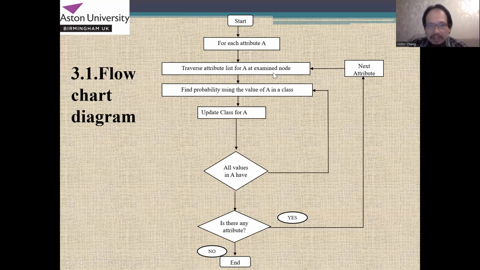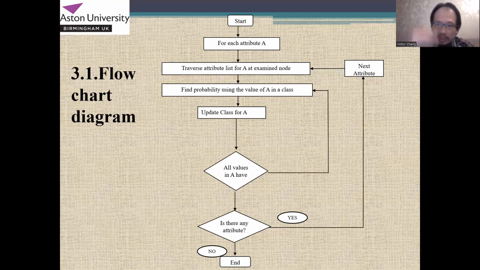So we examine that. Then we find the probability using the value of A in the class, because if we have a higher probability, it means that there must be something very important to this data set or this patient.